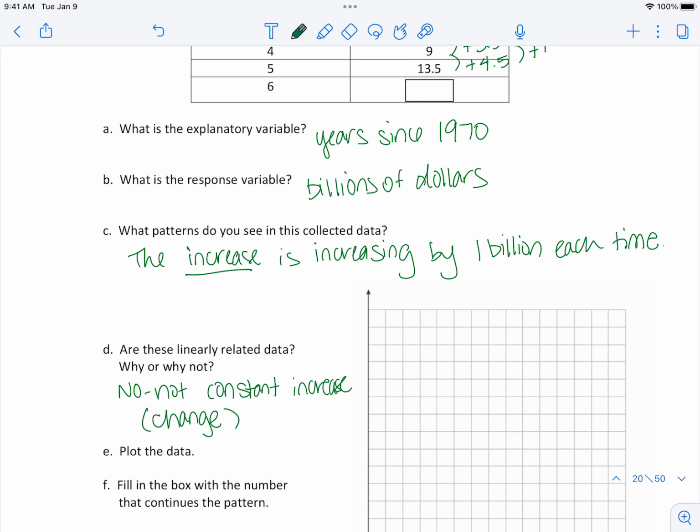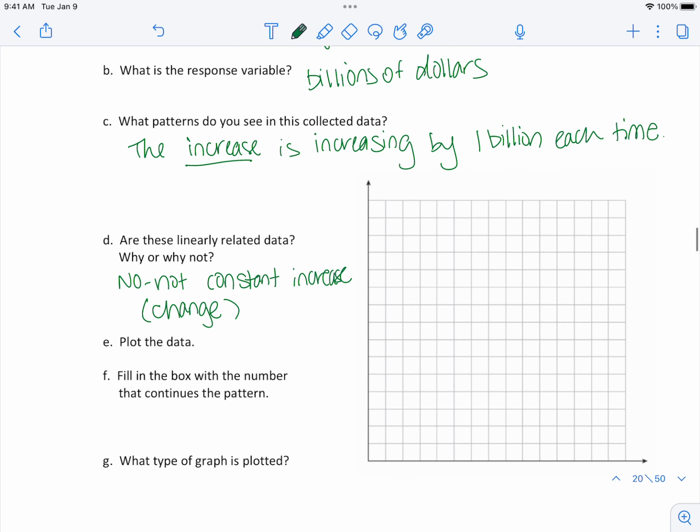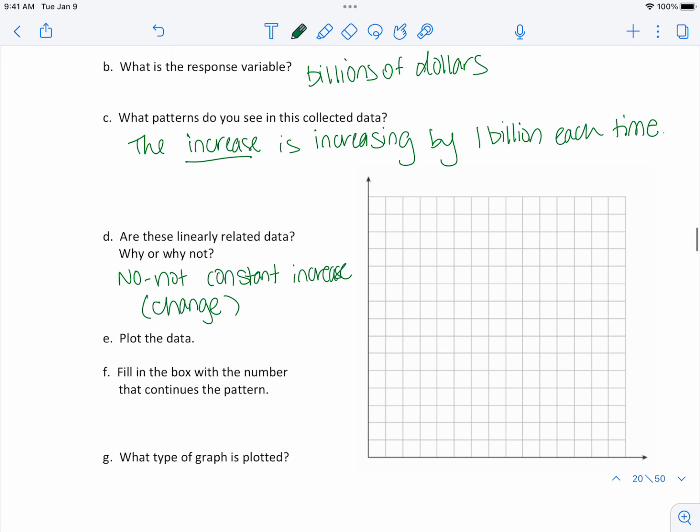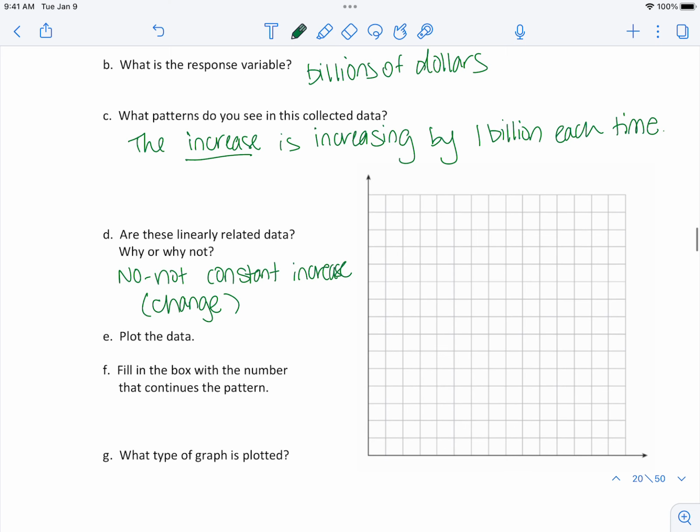All right, so we need to plot our data here. Our years since 1970, we have 0 through 6. That's going to go on our x-axis.